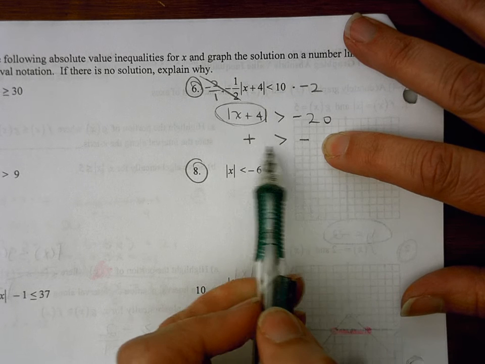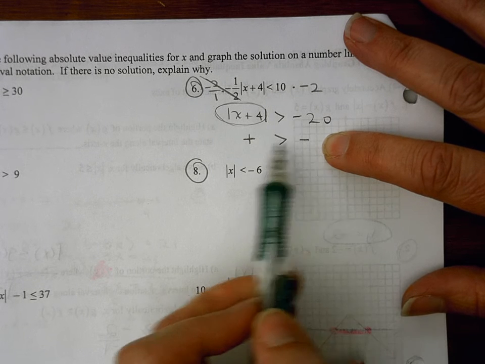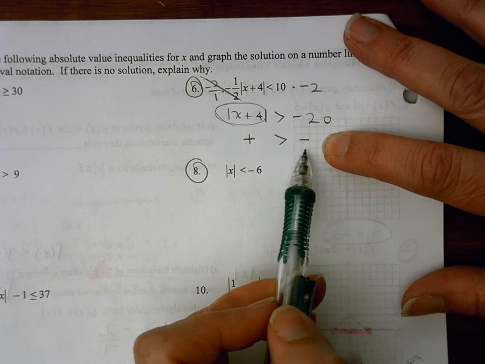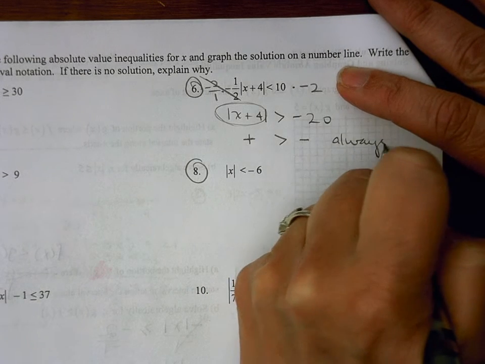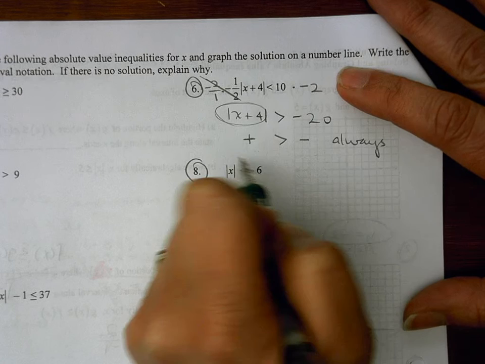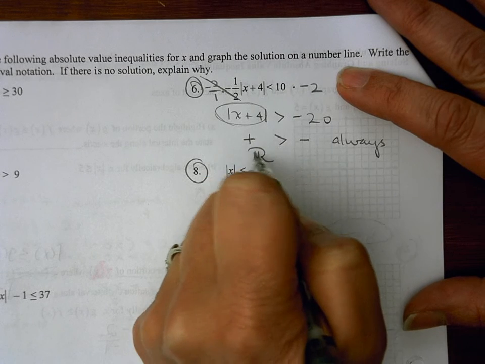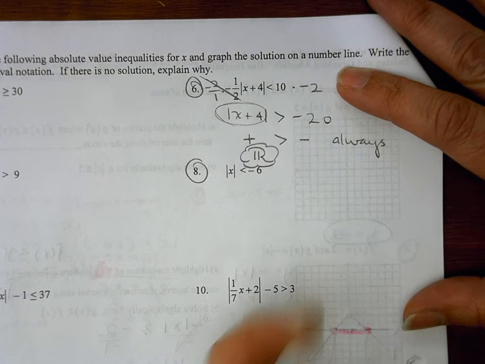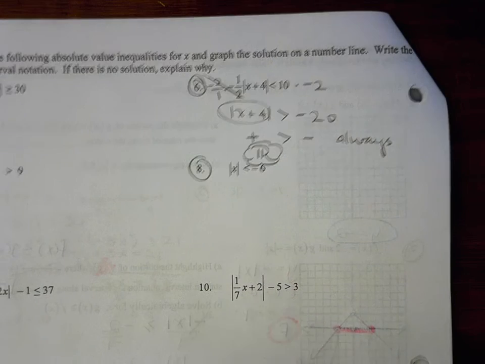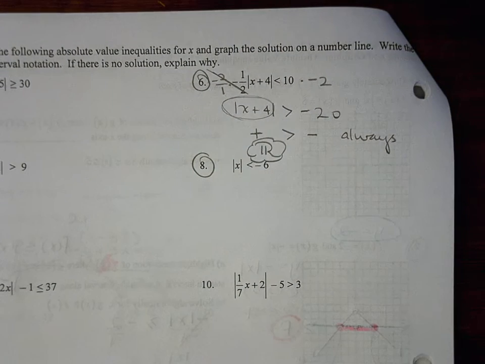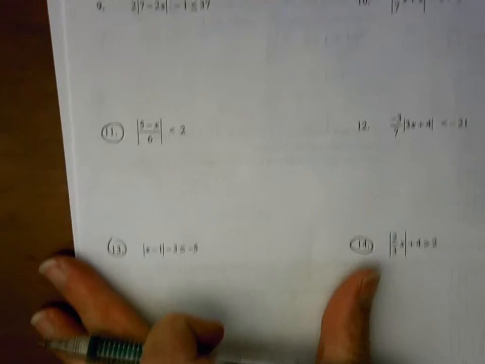So is a positive always greater than a negative, or is a positive never greater than a negative? And it's always, so then that means that it's all real numbers. Right? So regardless of what x I choose, I will always have a true statement. Okay? All right, and then let's take a look at number 11.